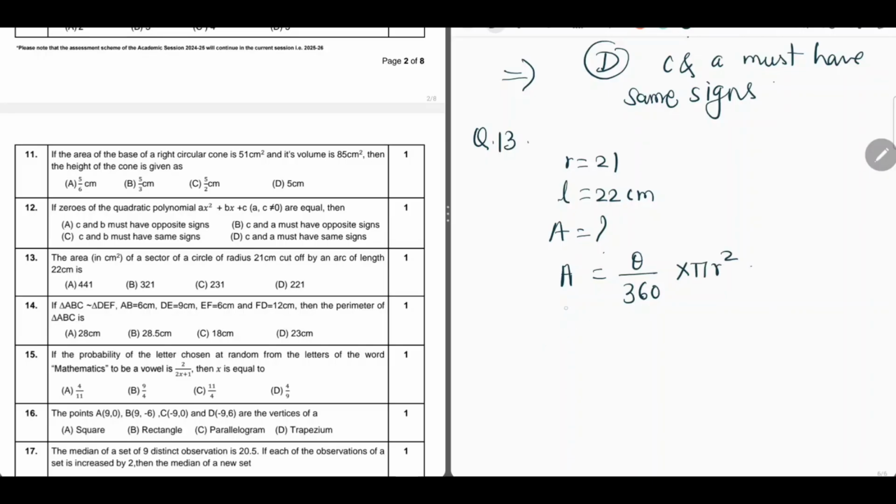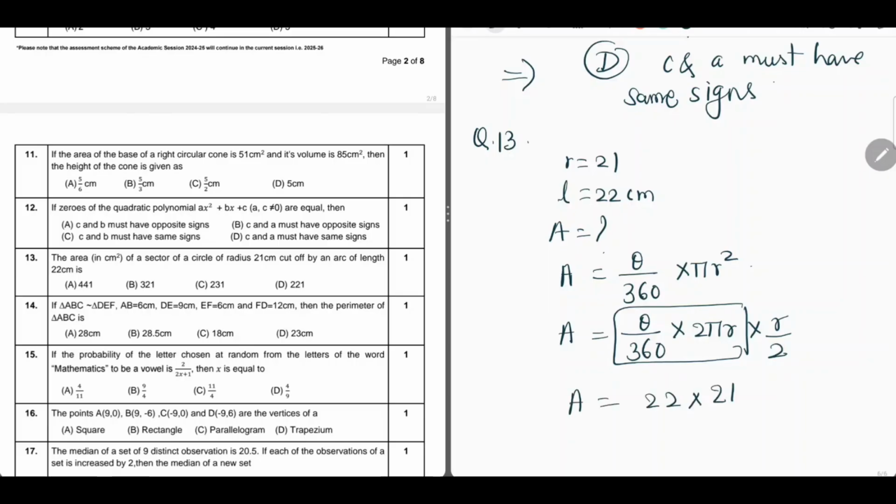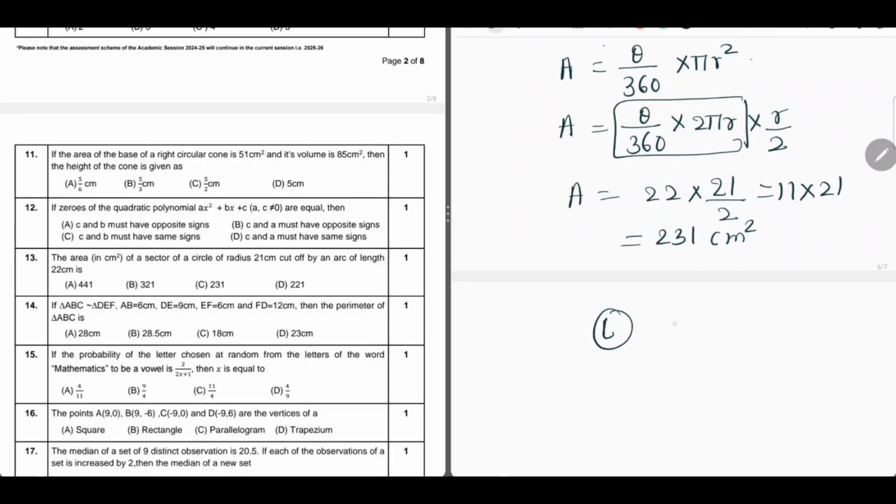If I modify this formula, A is equal to theta upon 360 into 2 pi r into r divided by 2. So it automatically converts to arc length. So area is equal to arc length, that is 22 into 21 divided by 2. So that is 11 into 21, which implies 231 is the answer, that is the area, and that is option C.